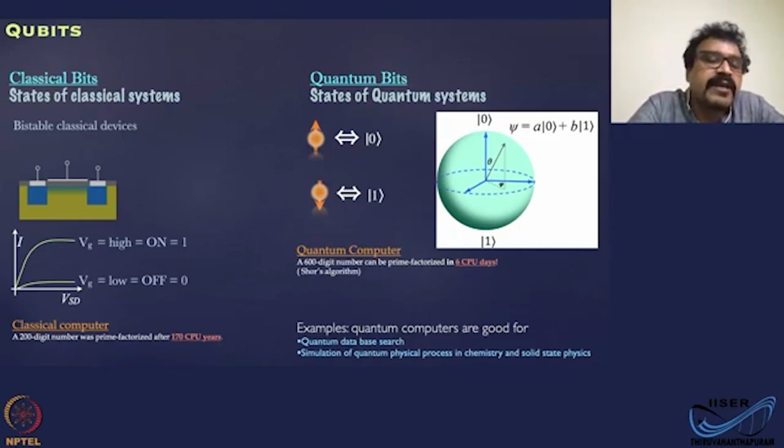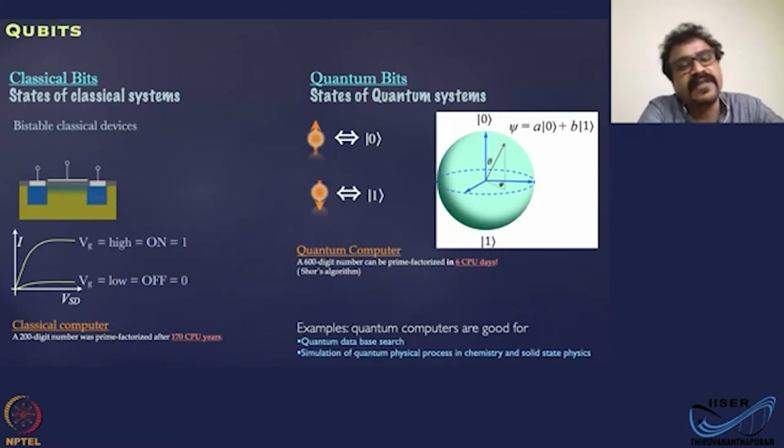So, talking about qubits, let us start with the classical bits. Those are basically the states of a classical system. Consider this MOSFET as an example. Everything that we see in today's computer or semiconductor technology is in bits.